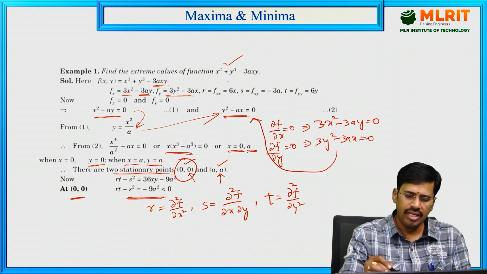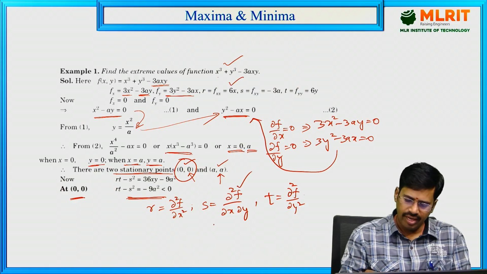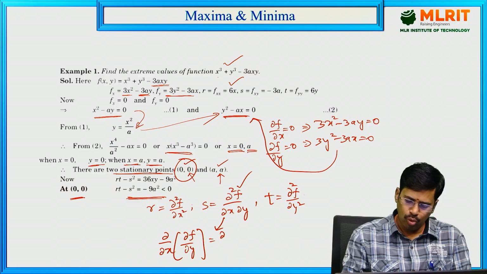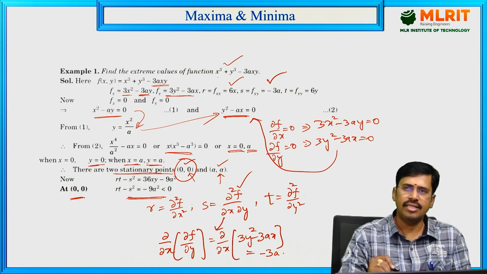Here r is 6x. S we can write as ∂/∂x of ∂f/∂y. What is ∂f/∂y? 3y square minus 3ax. If you differentiate with respect to x, you get minus 3a.